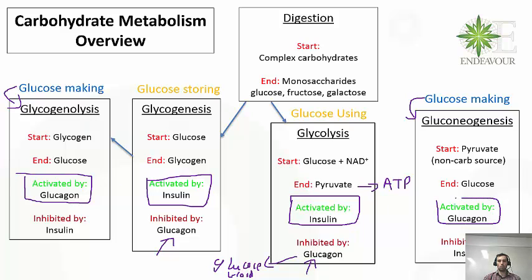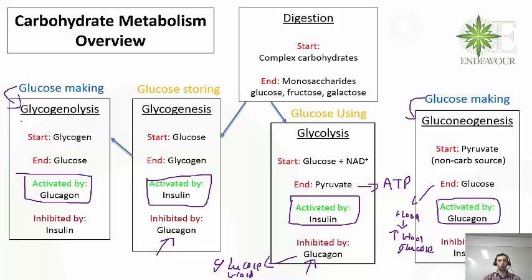So we make the glucose via these processes and then we take it out into the blood. And by pushing that glucose into the blood, we increase the blood glucose level. So both of these processes that are activated by our glucagon can increase the level of blood glucose.